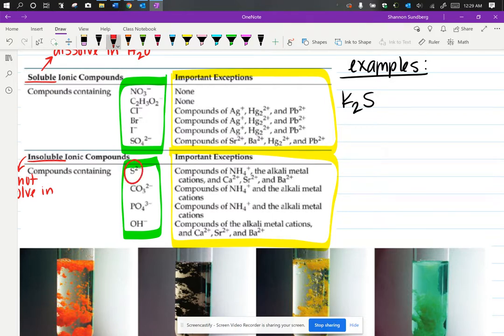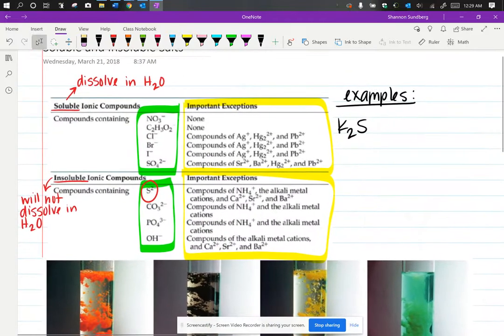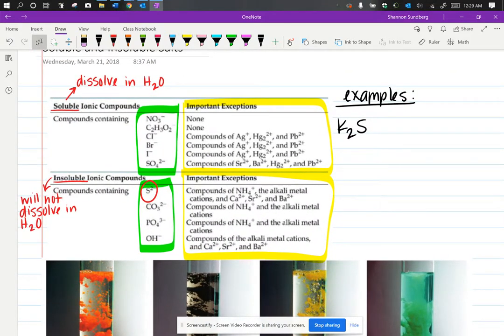So normally sulfur is not soluble. It won't dissolve in water unless it's paired up with compounds of NH4, the alkali metal cations, Ca, calcium, Sr, strontium, and Ba, barium. Well, hang on a second. It just said that alkali metal cations are an exception to the rule.